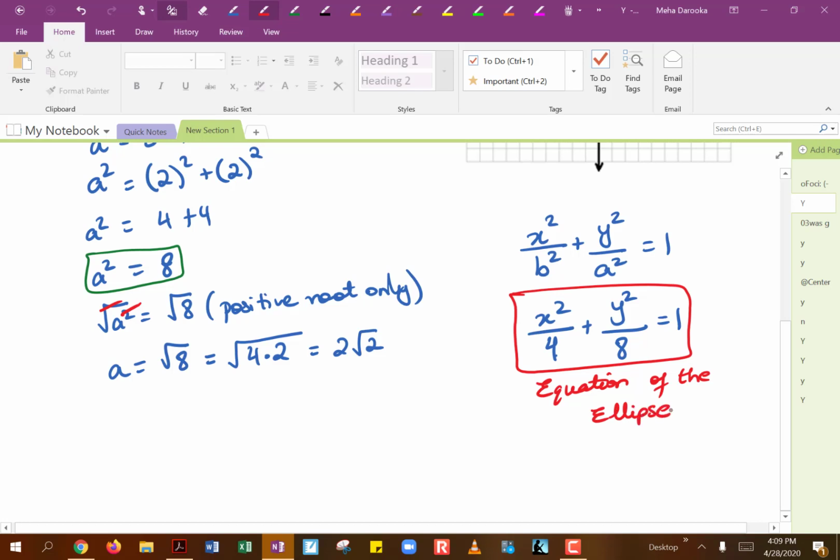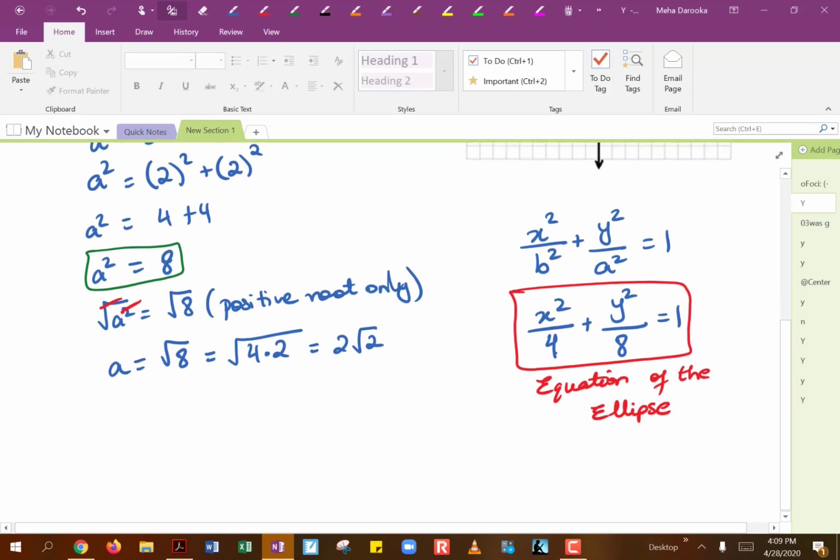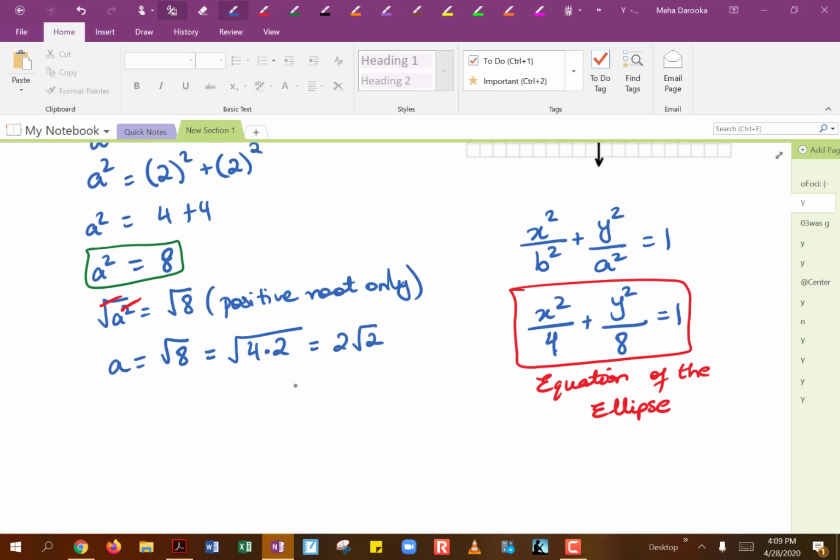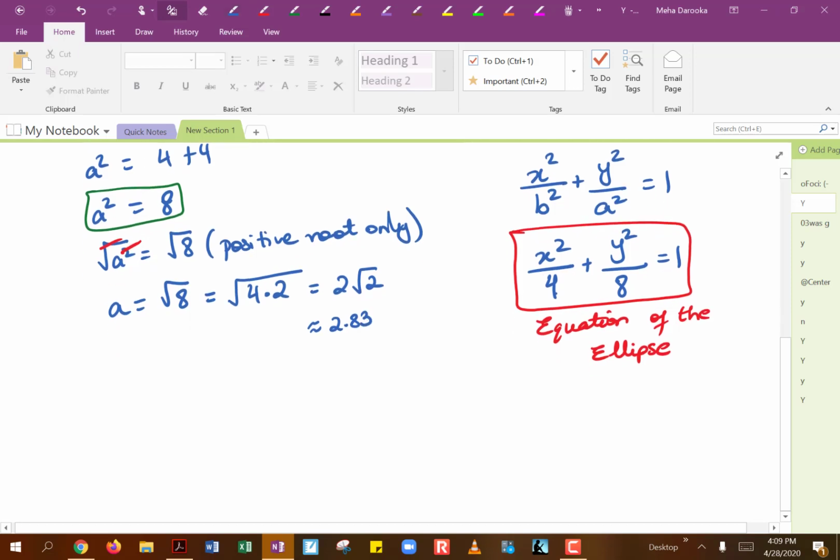Okay, and now we just need to complete the graph over here. So we should do a decimal approximation of 2 square root of 2, which will come out to be approximately 2.83.